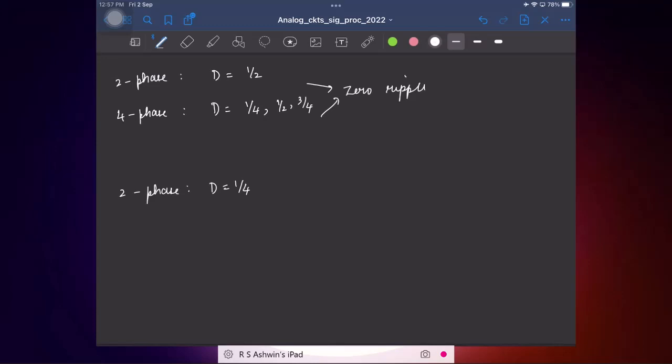So ripple will be smaller, that is, ripple amplitude is small, right? And say now you have an N-phase buck converter where I don't satisfy this condition for 0 ripple. Again the same, ripple amplitude will be smaller, but what can you say about the frequency in the ripple voltage?